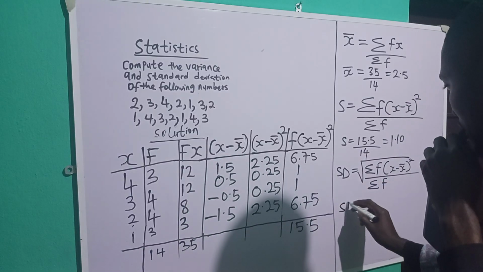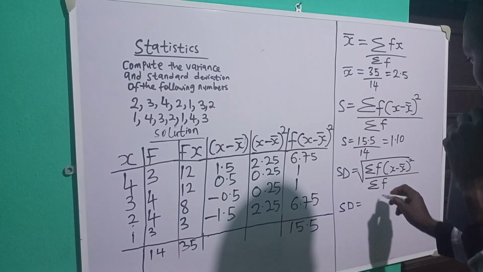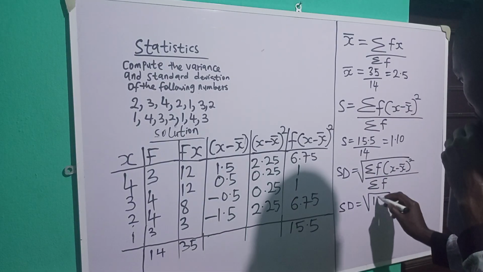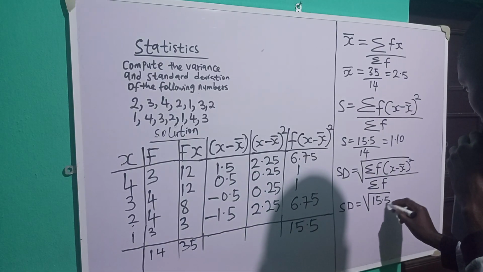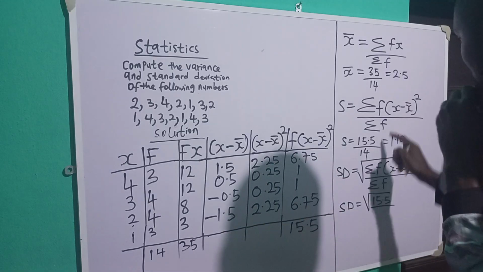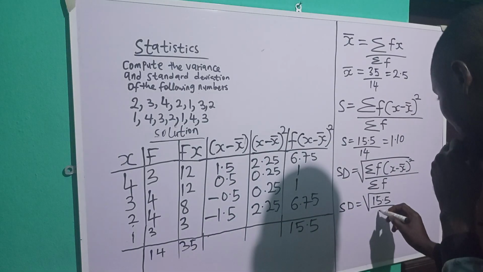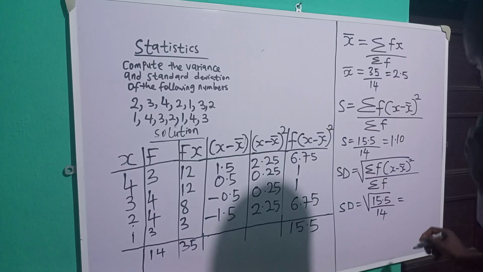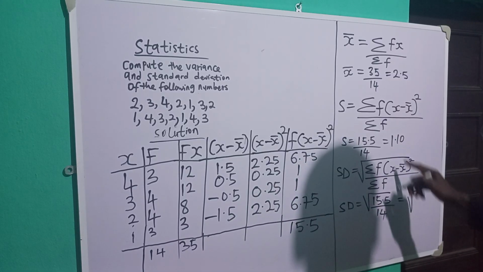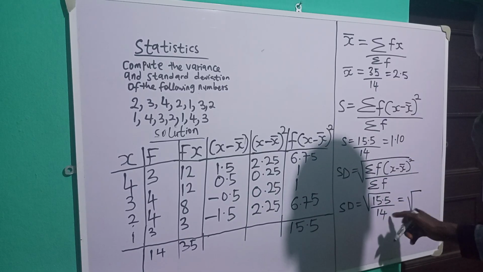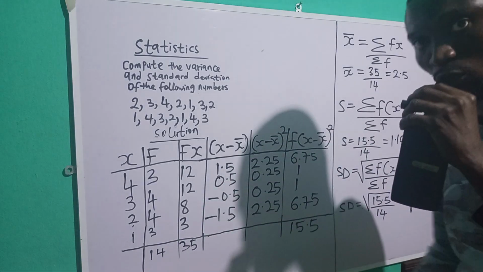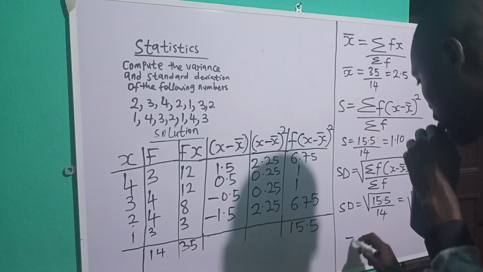So standard deviation is equal to the square root of 15.5 over 14, and this will be equal to the square root of 1.10, because this divided by this gives me 1.10. The square root of 1.10 is what?